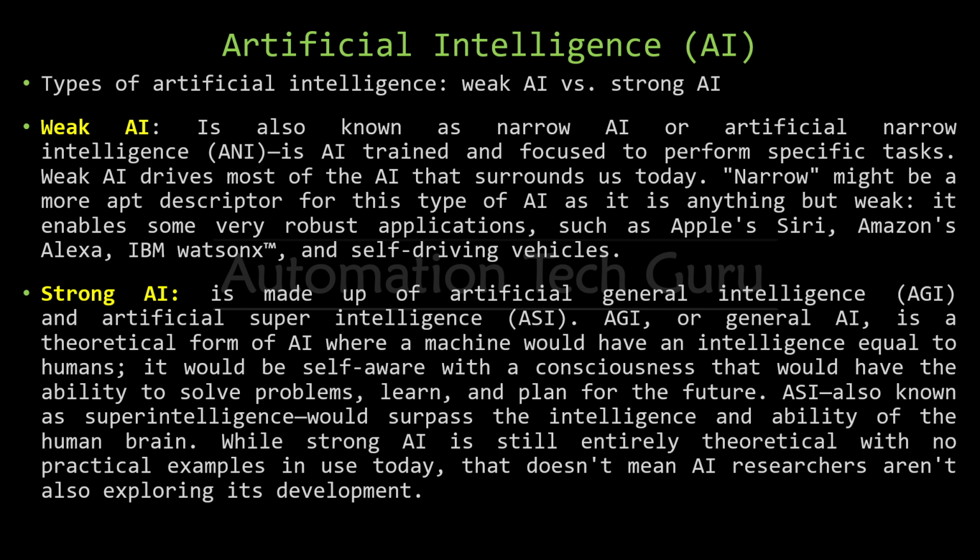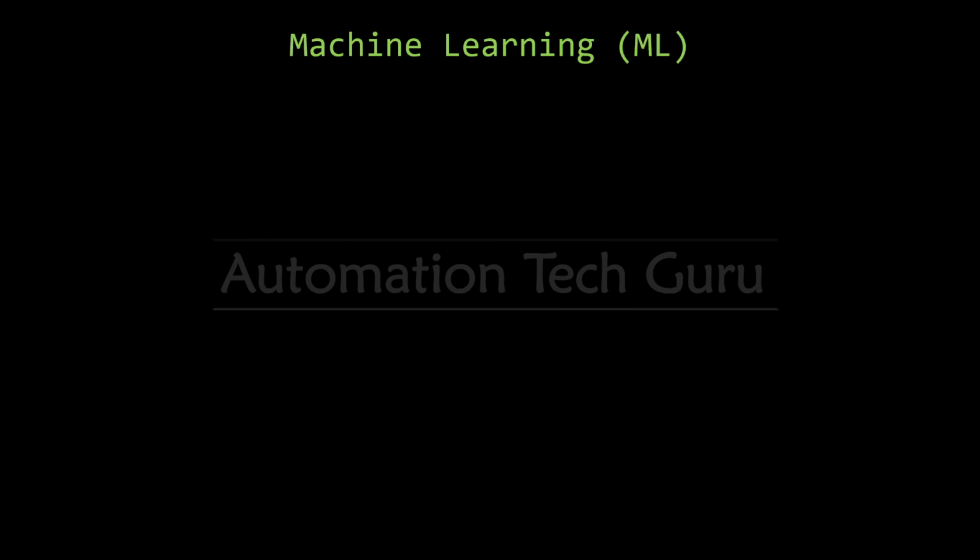ASI, also known as super intelligence, would surpass the intelligence and ability of the human brain. While strong AI is still entirely theoretical with no practical examples in use today, that doesn't mean AI researchers aren't also exploring its development.